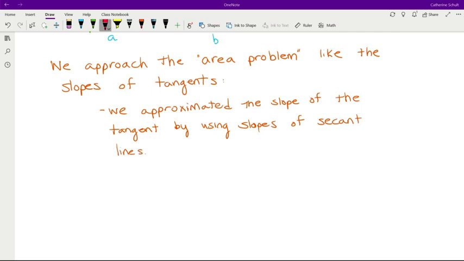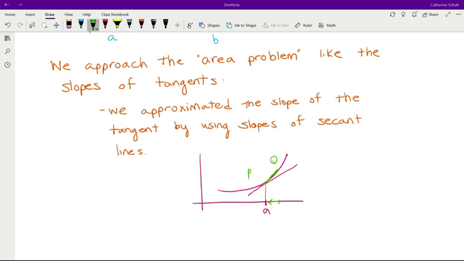Okay, so if you recall, and hopefully you remember because it wasn't that long ago, if we wanted to find the slope of this tangent line at A, our approach was to choose another point, we call them P and Q, and look at the slope of that secant line.